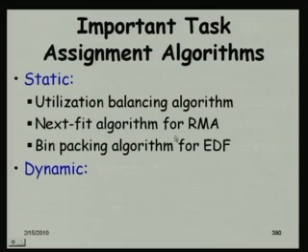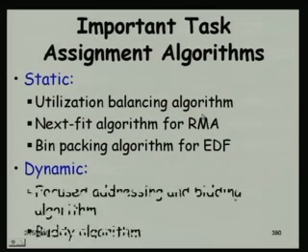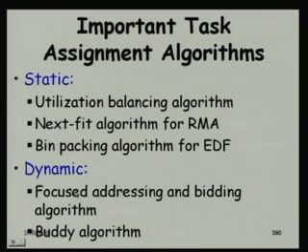What we are saying is that these three are popular algorithms. Many variations of these algorithms exist, and similarly for dynamic there are many scheduling solutions that have been proposed. We are just discussing two of them: the focused addressing and bidding algorithm and the buddy set algorithm.